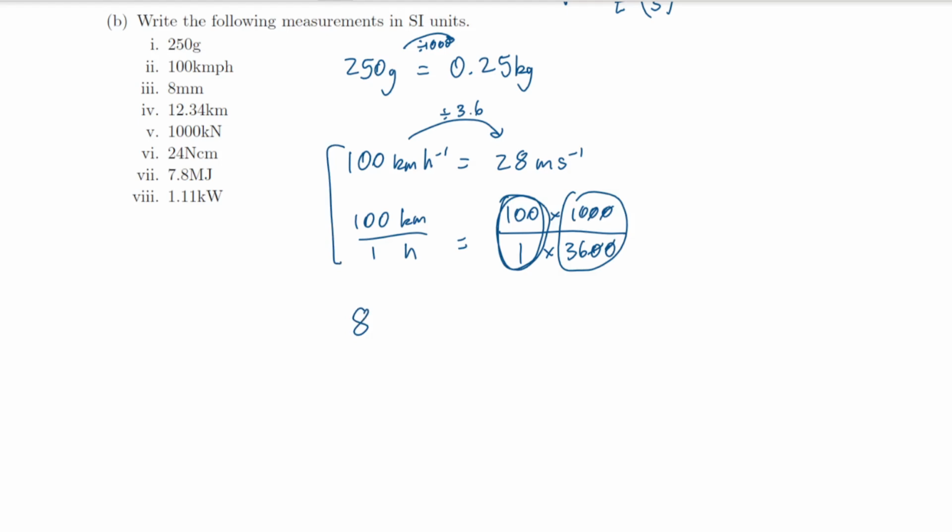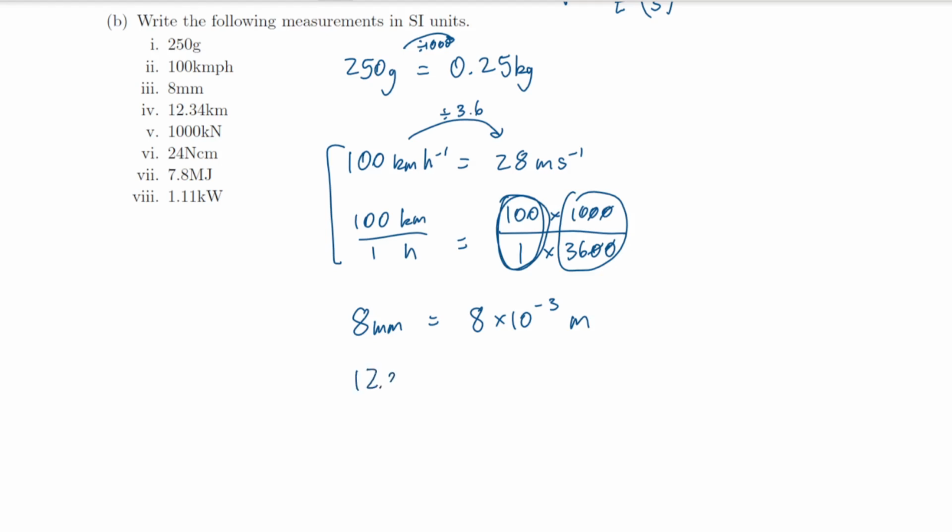All right, 8 millimeters. Milli means times 10 to the power of -3, which you could then write out as decimal, or you could leave as scientific notation like this. What's next?